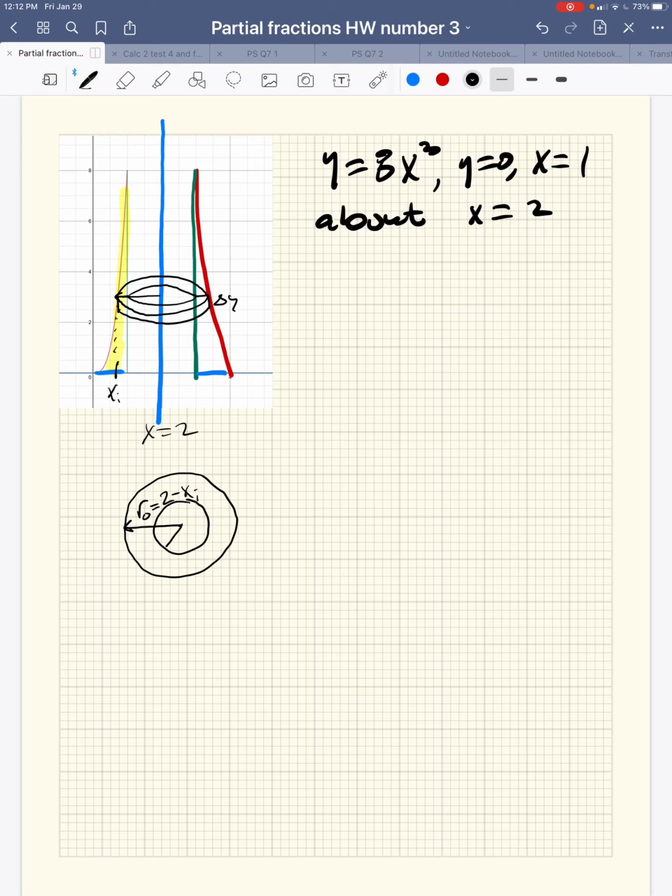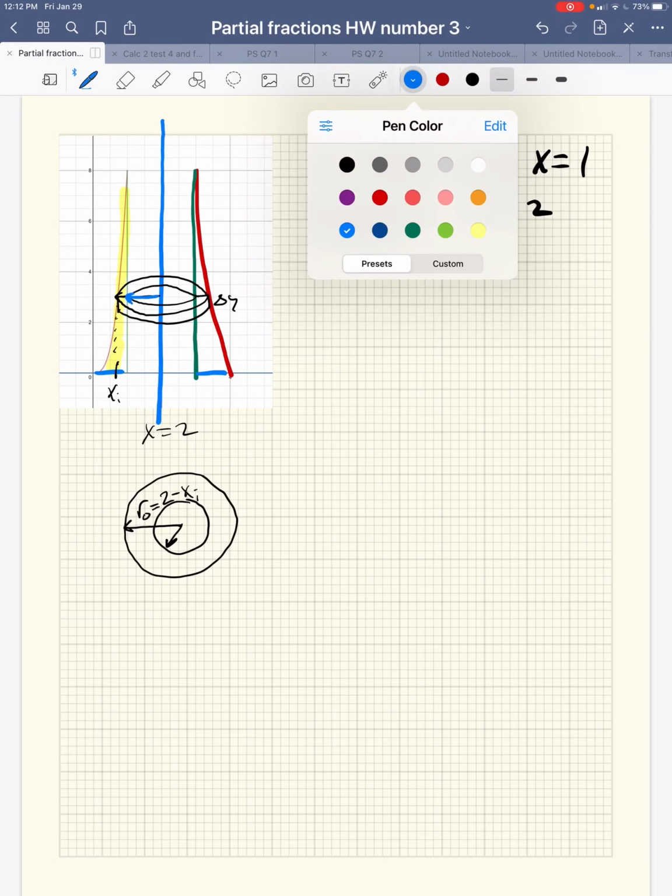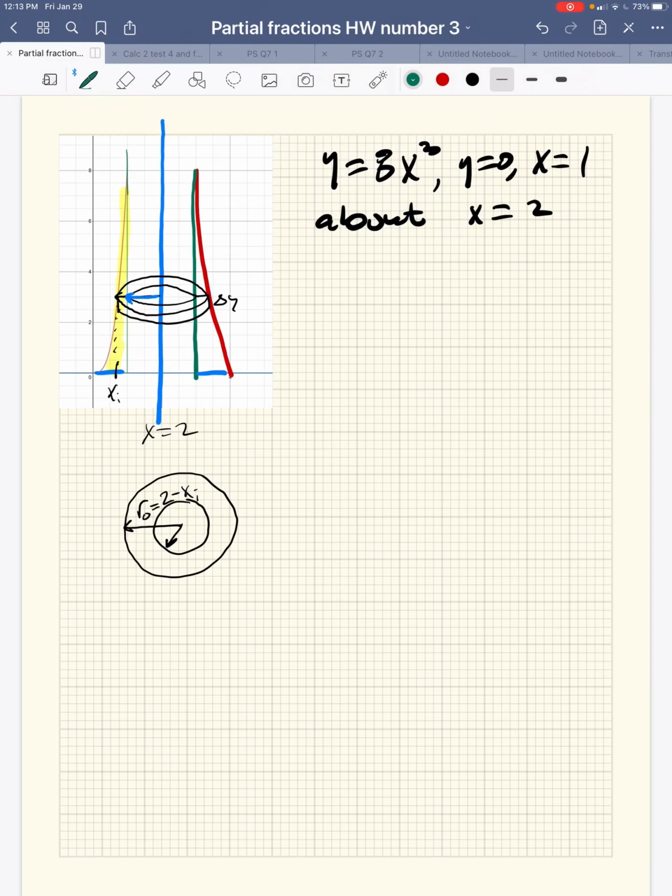The inner radius is just going to be the distance from the line x equals 2 to the line x equals 1, which is the edge then of this shape. So that's just 1 unit. So our inner will be 1.